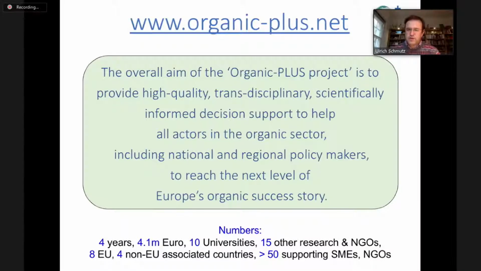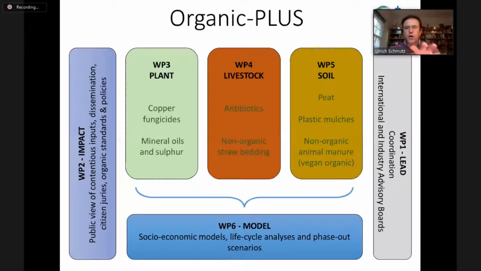So it's getting much more mainstream. In this project, we work on different work packages, and I will only draw on one which is related to this session, the work package on pesticides. But I just wanted to mention that there's other work as well in terms of antibiotics, and I work with another Indian colleague here who works on livestock.